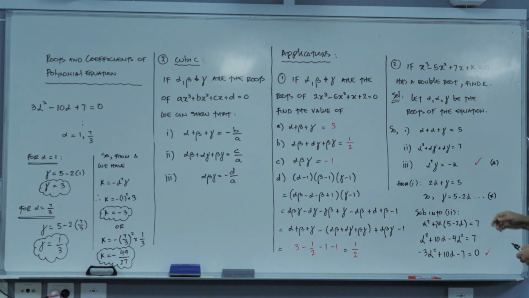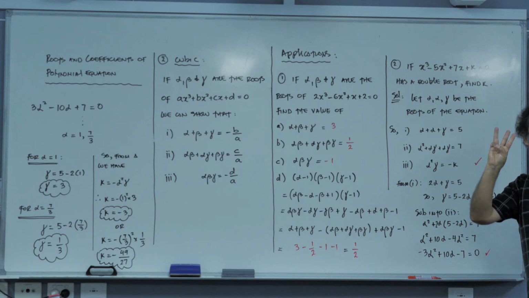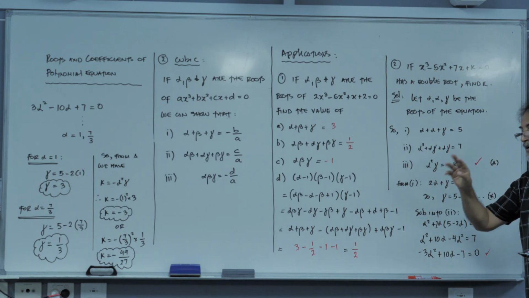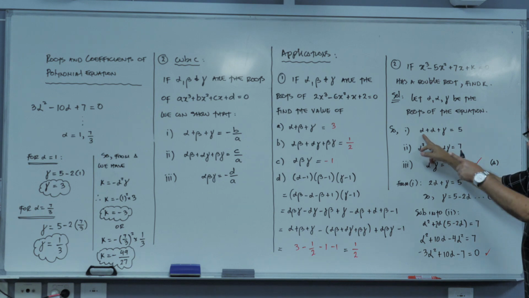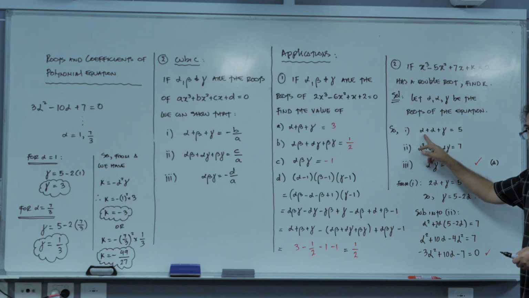Can we use k and then work backwards to find alpha and gamma, and will we get...? No. No, but look, in here, can you see that we have three solutions, right? Okay, so we have alpha, which is equal to what? 1. Yeah, but we have alpha twice, all right? So we have alpha and alpha, so we have the same thing.